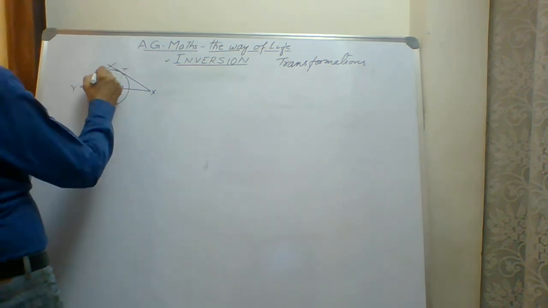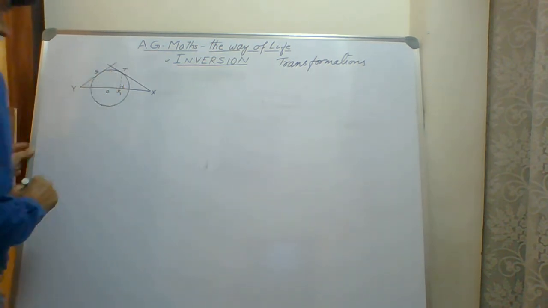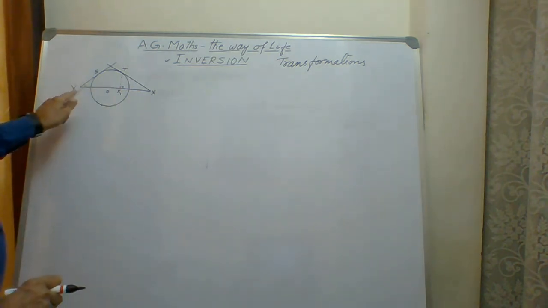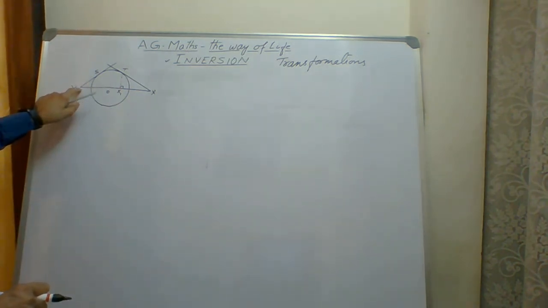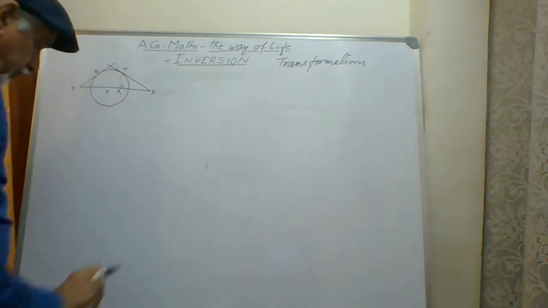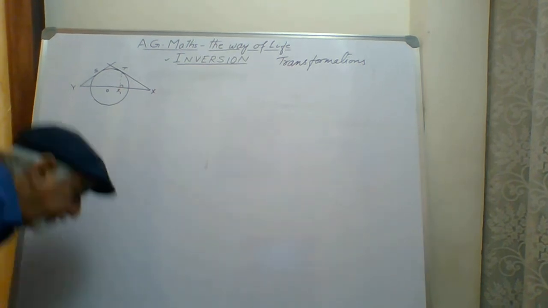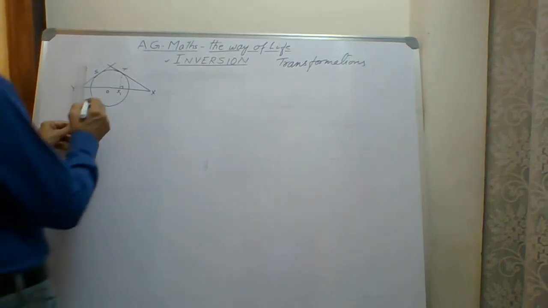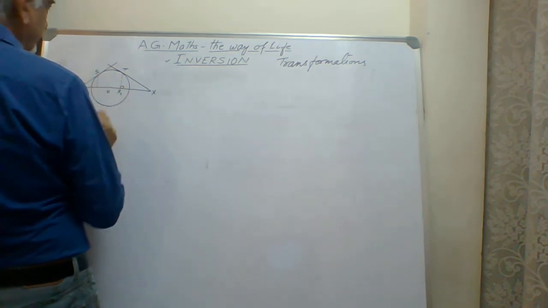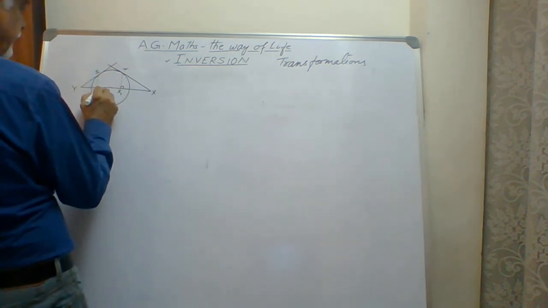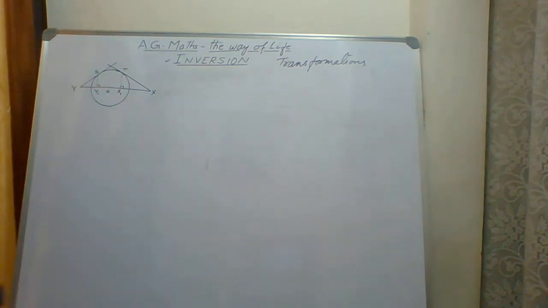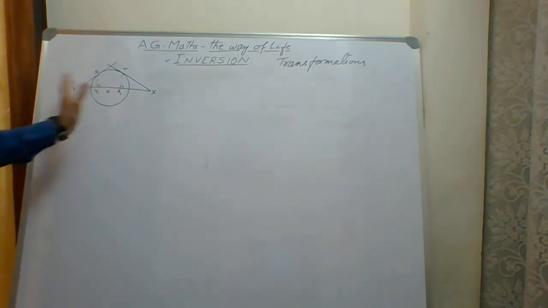Suppose S is the point of contact of this tangent drawn from Y on this circle whose center was O. Now again we drop a perpendicular on the line segment OY. This is the perpendicular. So now this point Y1 is the position of Y when it strikes the circle.